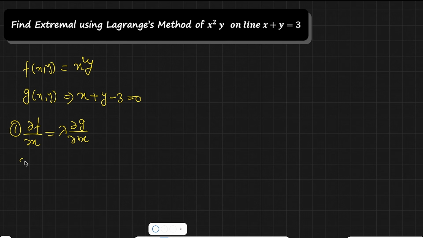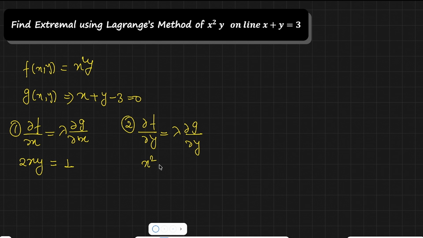So it will be 2xy is equal to lambda, since here the partial derivative will be 1 only. Second, the partial derivative of f with respect to y equals lambda times the partial derivative of g with respect to y. So it will be x square only, and lambda into 1.